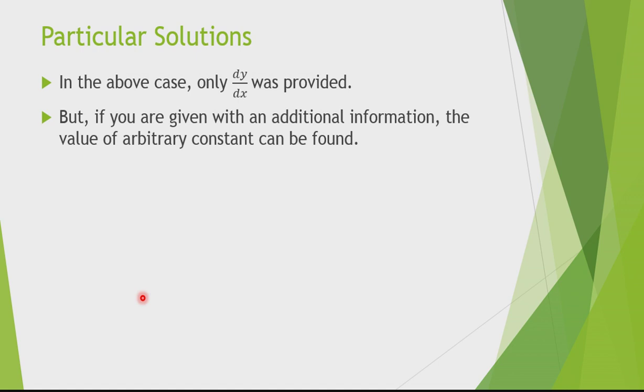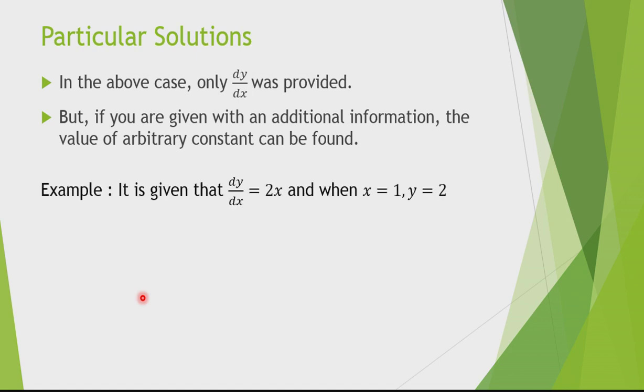For example, it is given that dy by dx equal to 2x, and when x equals 1, y equals 2. That will support finding the arbitrary constant value. We already know that the general solution for dy by dx equal to 2x is y equal x squared plus c.